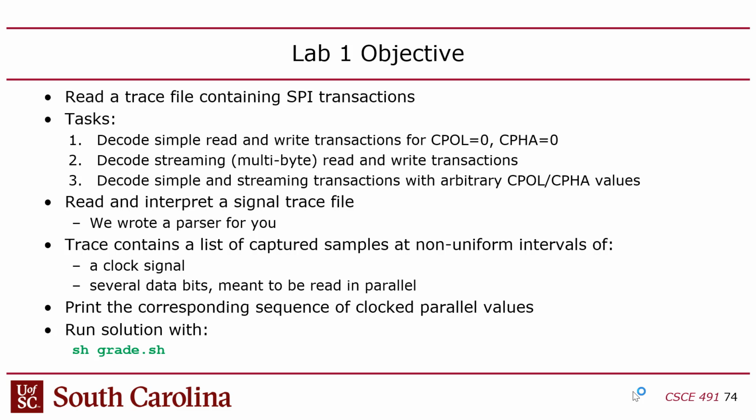So it's like reading an oscilloscope or a logic analyzer and just saving the data as a file, right? And then we're going to read that and decode what's going on in there as an English interpretation of what the transaction is doing. So read or write, followed by the address, followed by whether it's single or multiple, followed by the data, right?